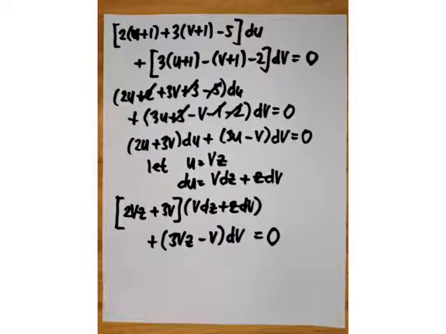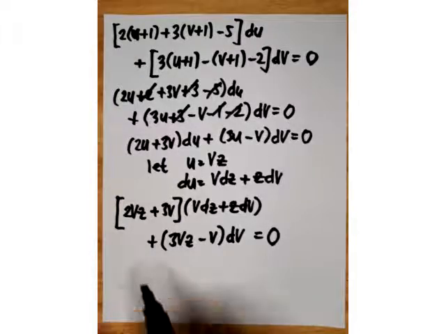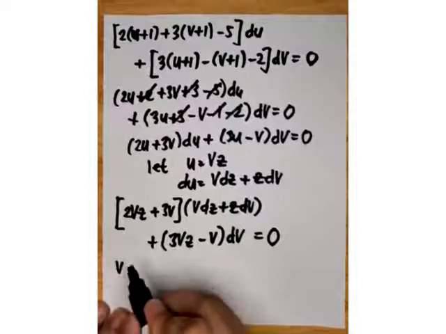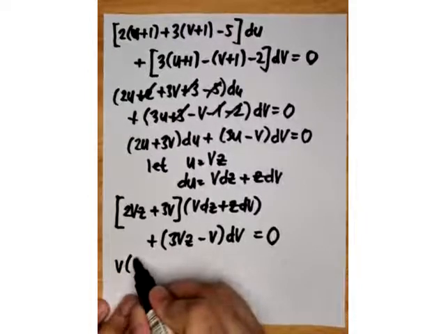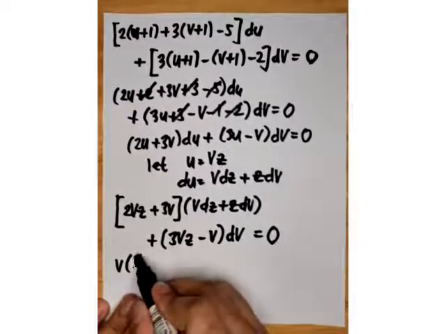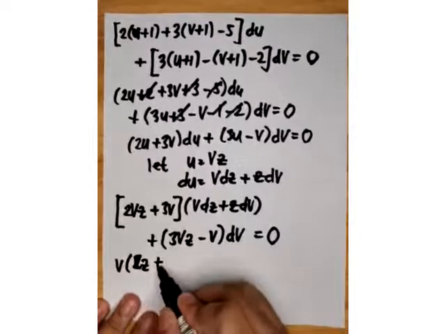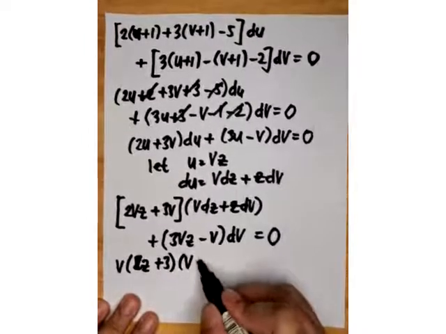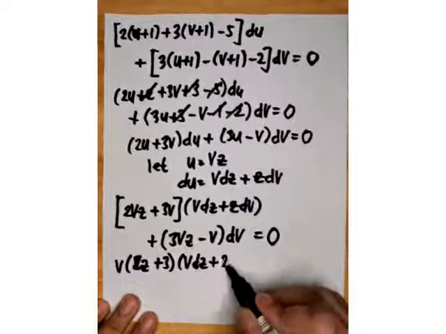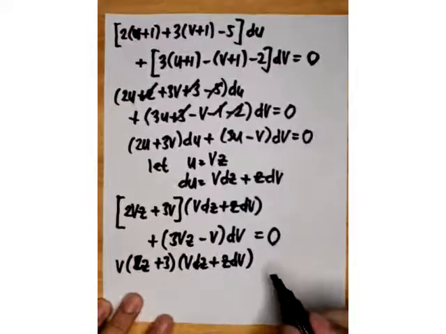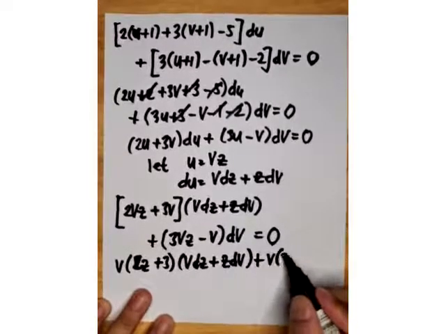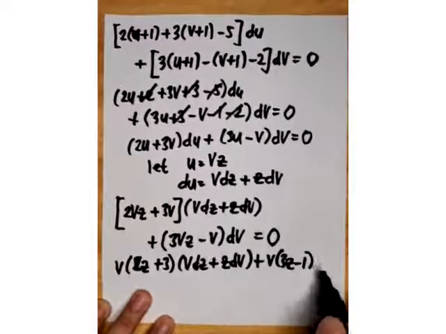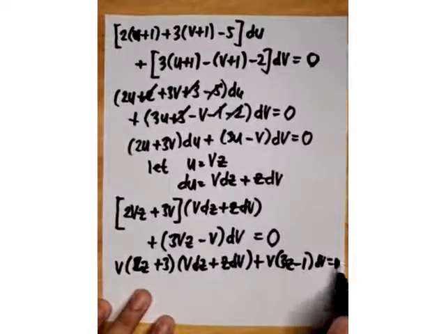Okay, ayan. Kagaya ng sa homogeneous, let's factor out first the ones we did not substitute, yung v. So, v times 2z plus 3 times v dz plus z dv plus v times 3z minus 1 dv is equal to 0.